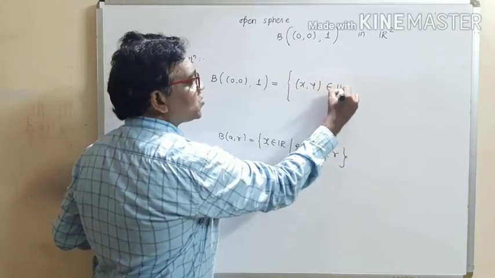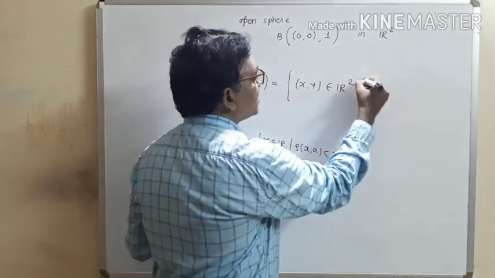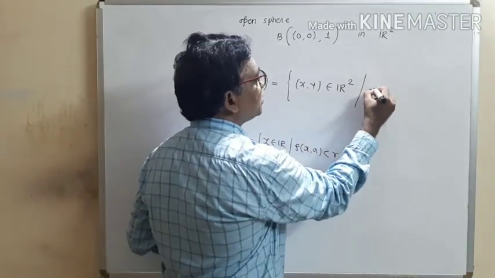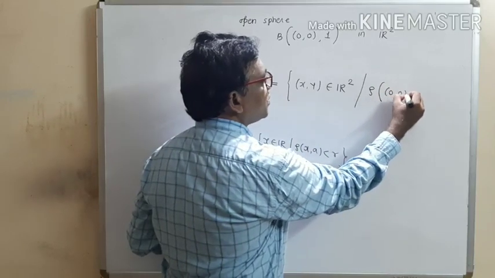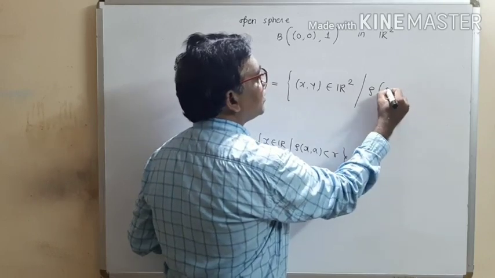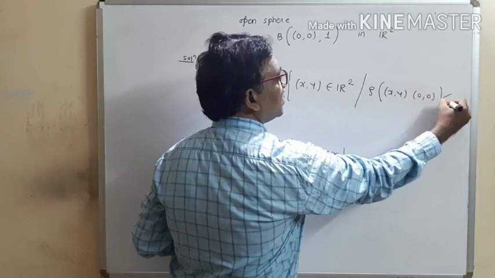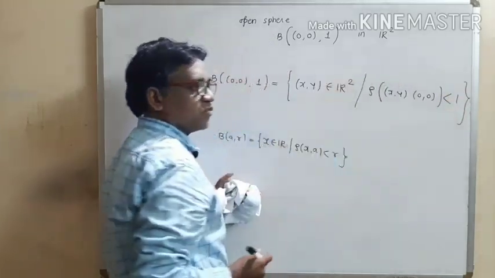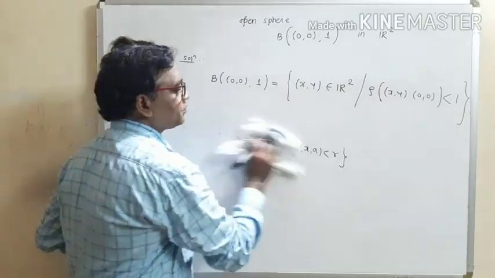Set of all (x, y) in R2 such that the distance between the center 0, 0 and this point (x, y) is less than radius 1. So exactly this is the definition of open sphere.